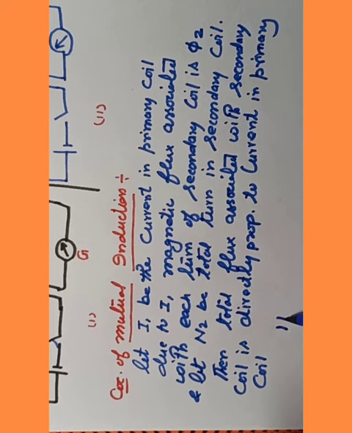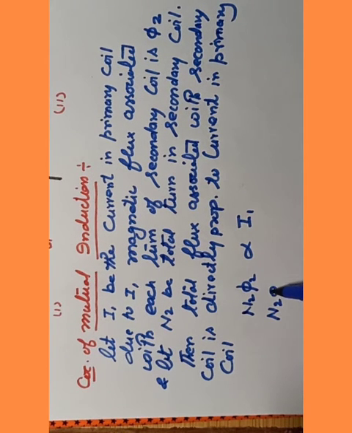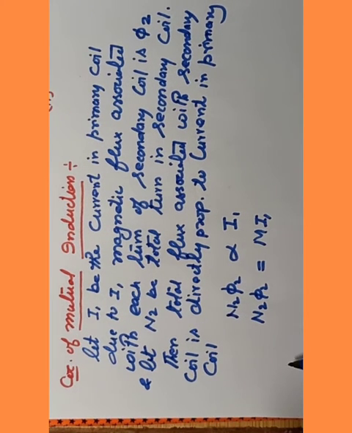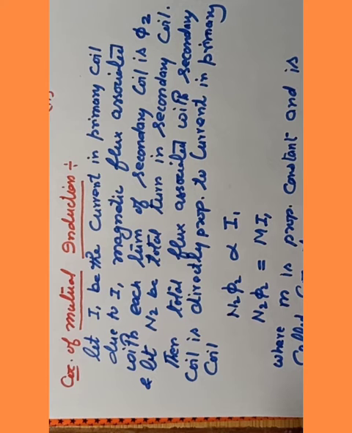That is, N2 phi 2 is proportional to I1, and N2 phi 2 equals M I1, where M is the proportionality constant and is called the coefficient of mutual induction.